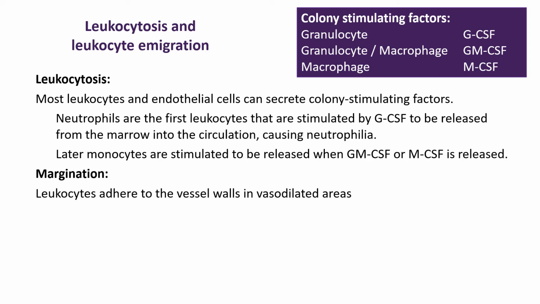Because of the vasodilation and the slowing of the blood, these leukocytes get to this wider area and they start to fall to the vessel walls. They become turbulent. They start rubbing up against these vasodilated vessel walls.